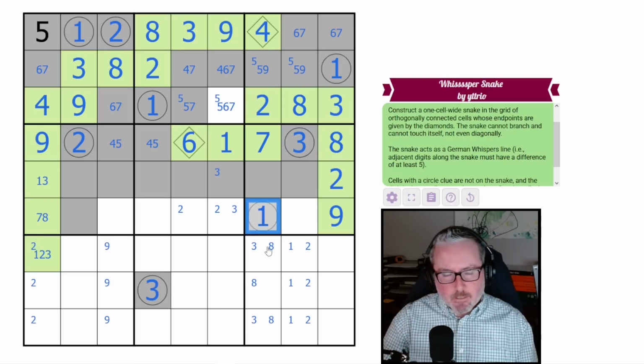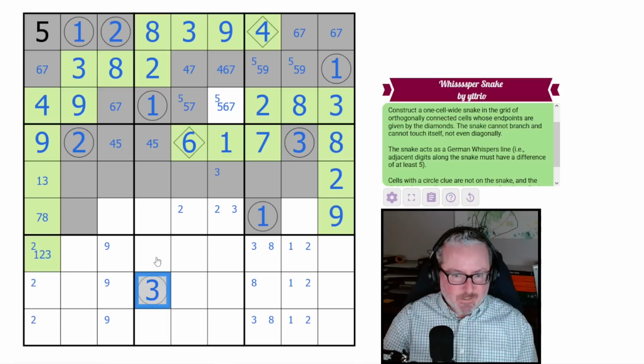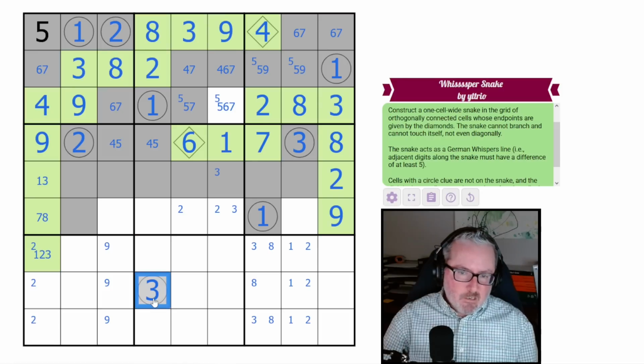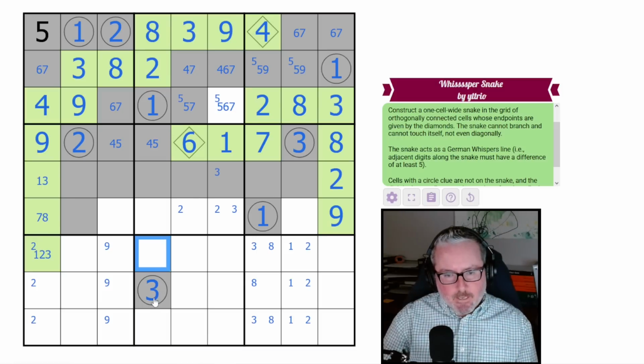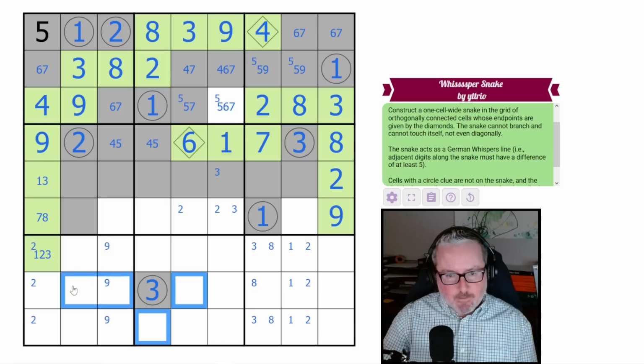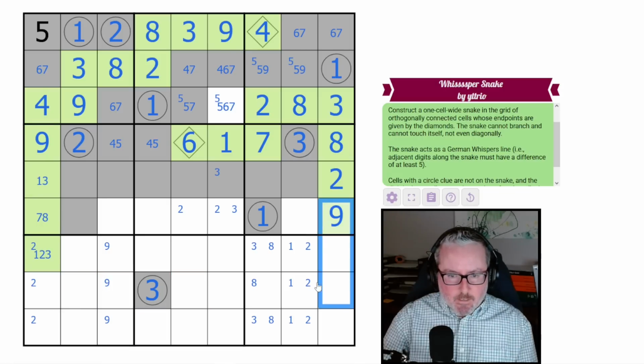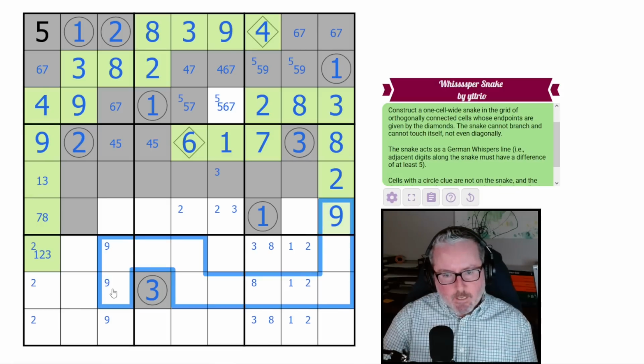We know we have to touch this guy, but only once. And we know we have to touch this guy 3 times. Now, I don't think we can necessarily... Can we? Is there any way to say that this can't be snake and that these 3 have to be? Because how do we get... No, we can't, because we could do something like that.